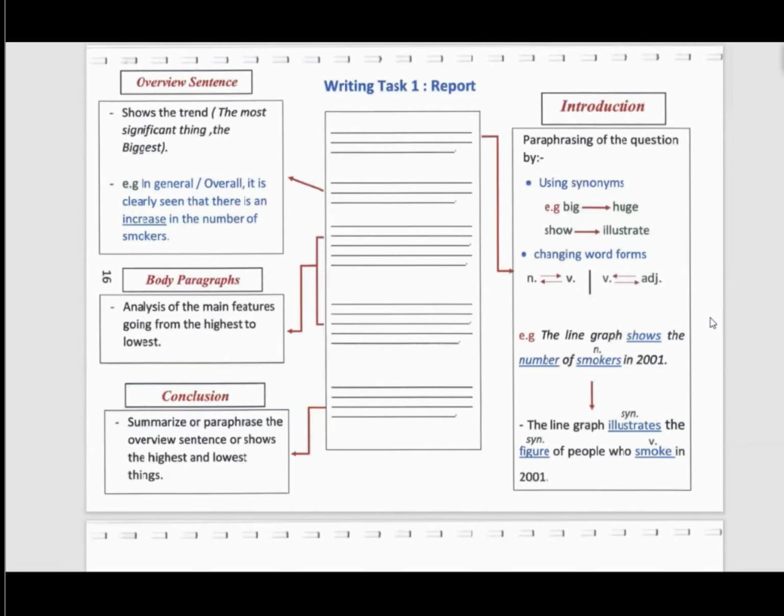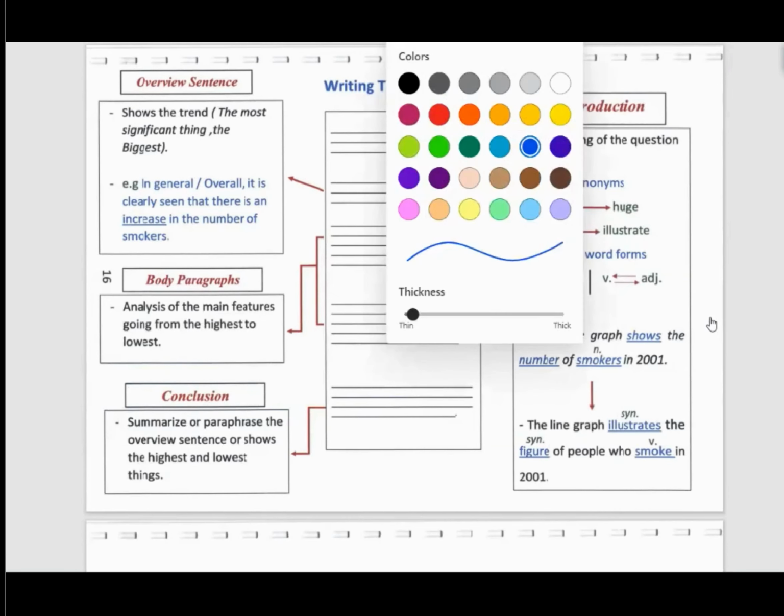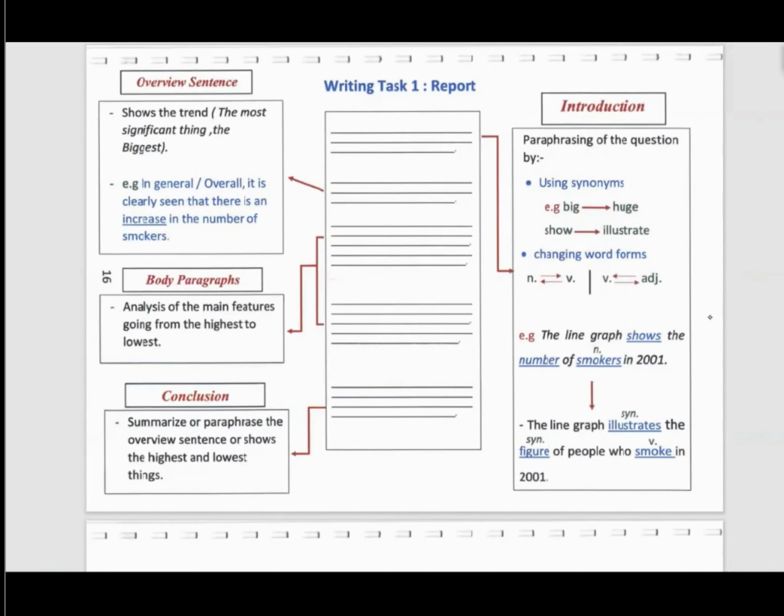So task 1, as I said before, is called a report. You are going to write a report. Task 2 is called an essay. There are similarities and differences between them. So we will see how to organize each one.